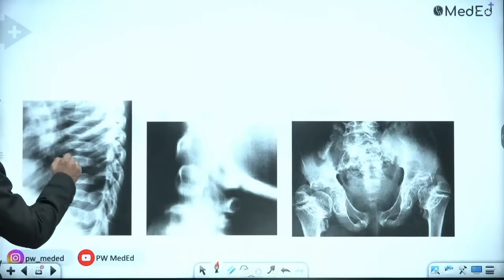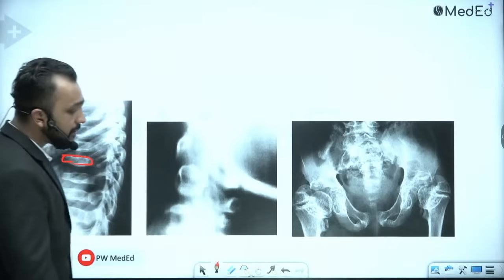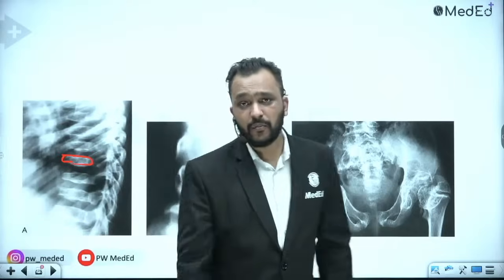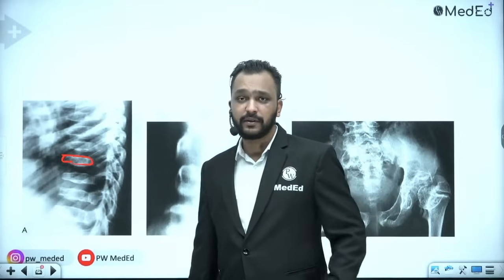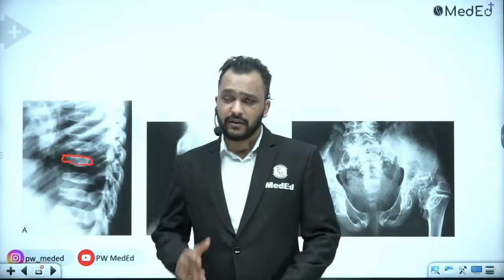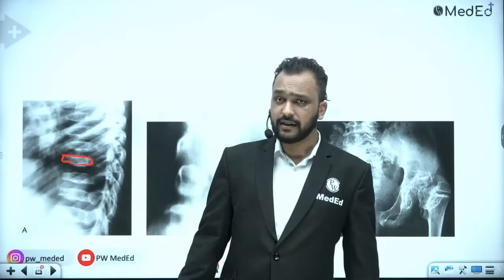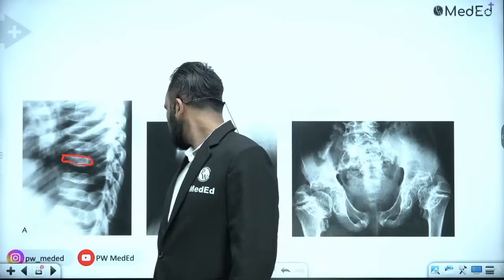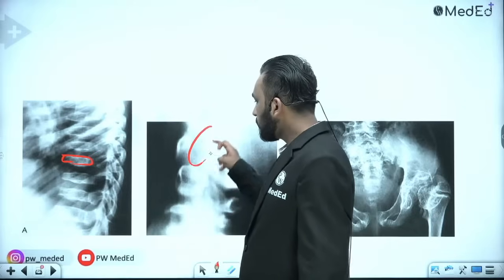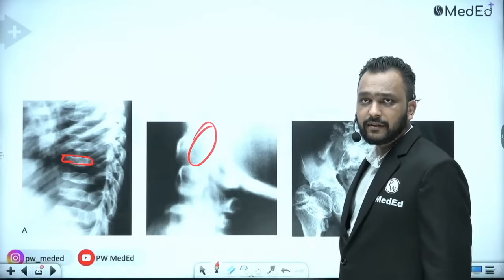If the beaking is present in the central part of the vertebra, it is seen in Morquio syndrome. Inferior beaking is seen in your Hurler syndrome. Central beaking is seen in Morquio syndrome. Okay. Then in Morquio syndrome, your dens of the axis can be absent.